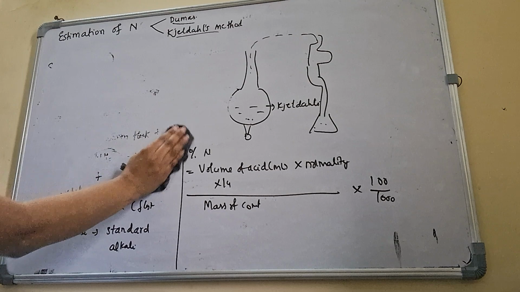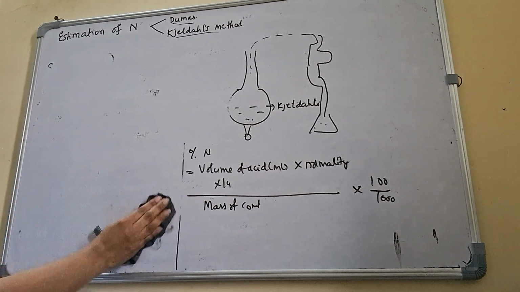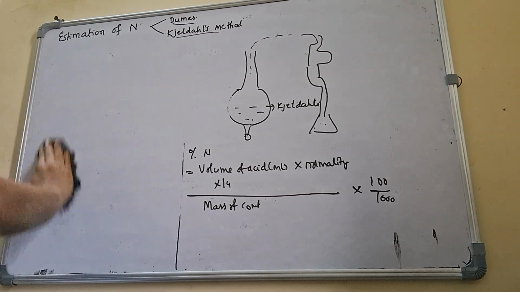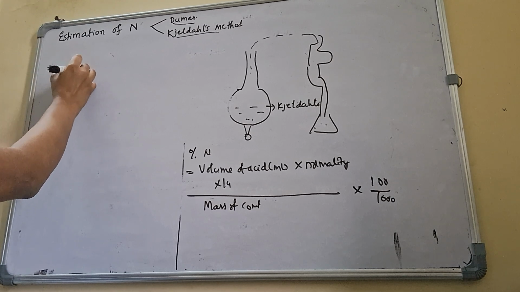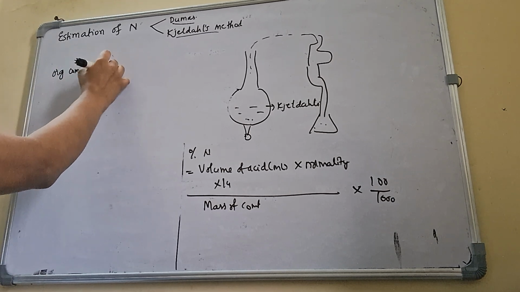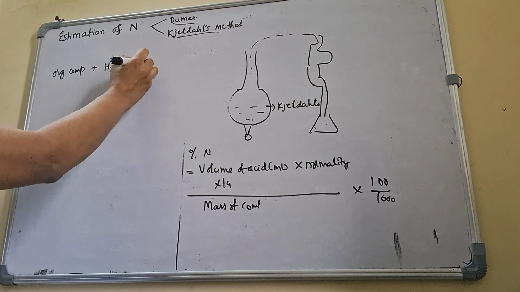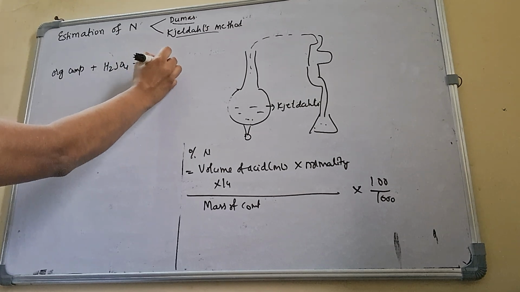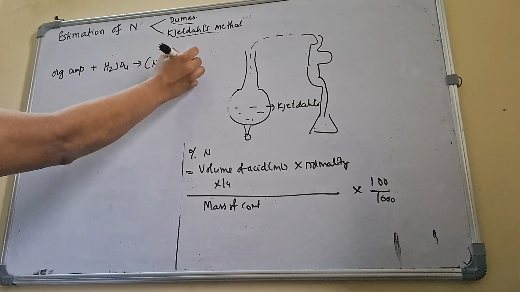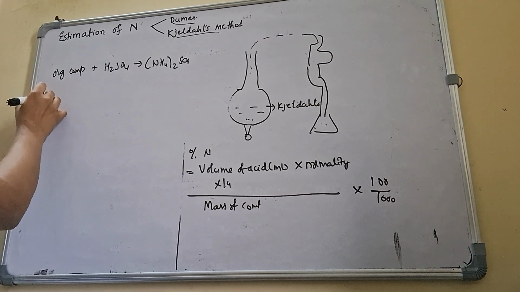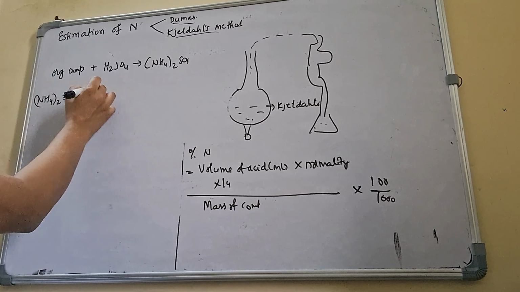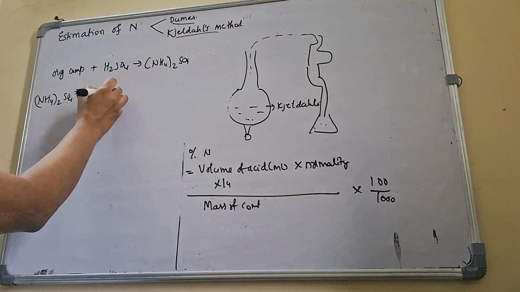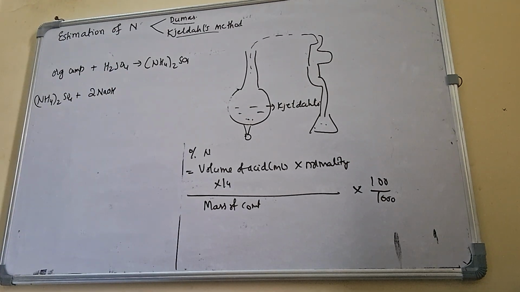Let us write the reactions also. First you have the organic compound whose formula I don't know. You add H2SO4, and the moment you add H2SO4, you get ammonium sulfate. Now you pass the ammonium sulfate over your strong alkali.